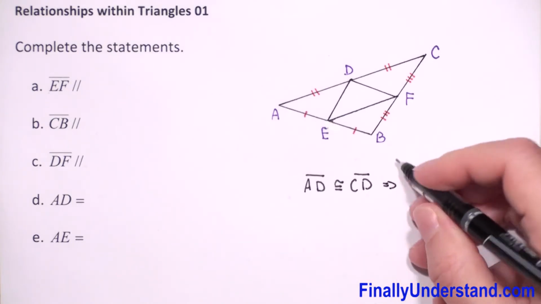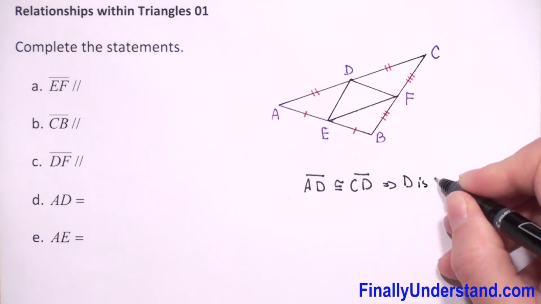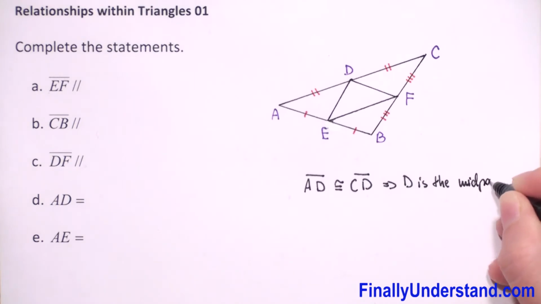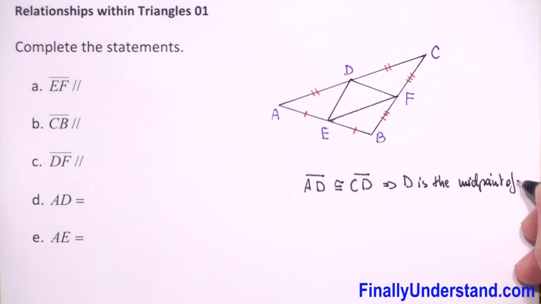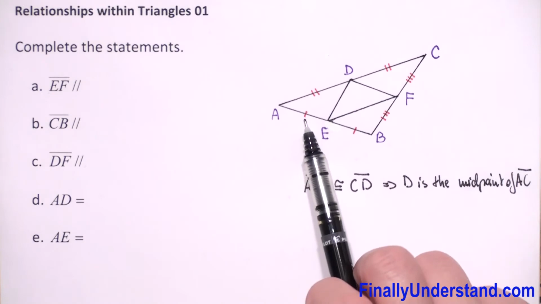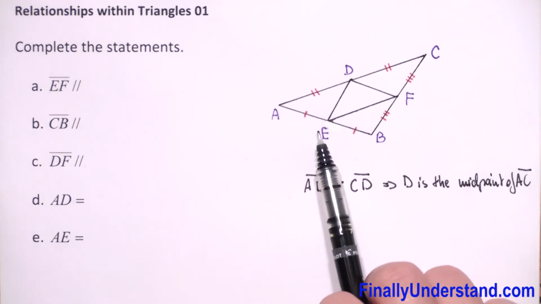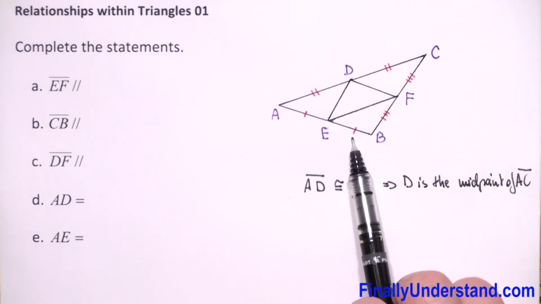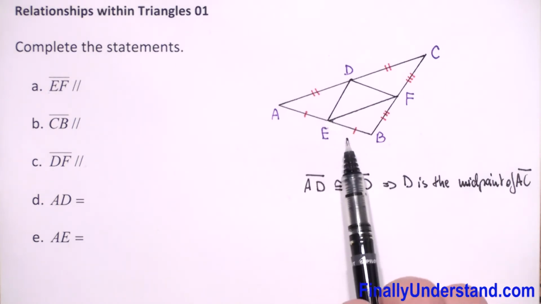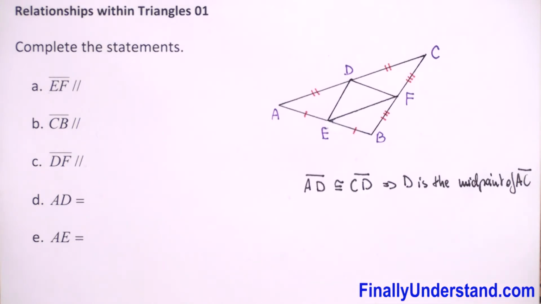So we can write that D is the midpoint of AC segment. What else do we have given here? We have 1 mark on segment AE and 1 mark on segment BE. It means that these 2 segments are congruent too, and E is the midpoint of segment AB.